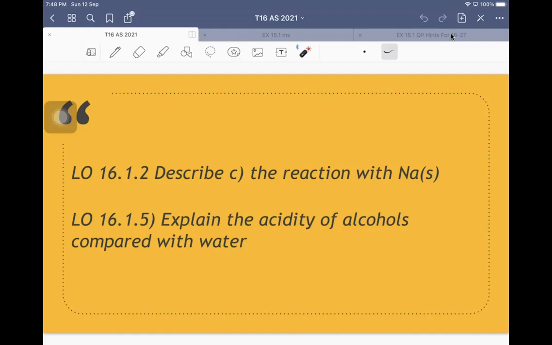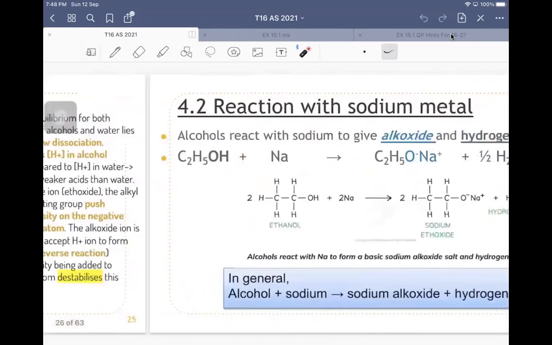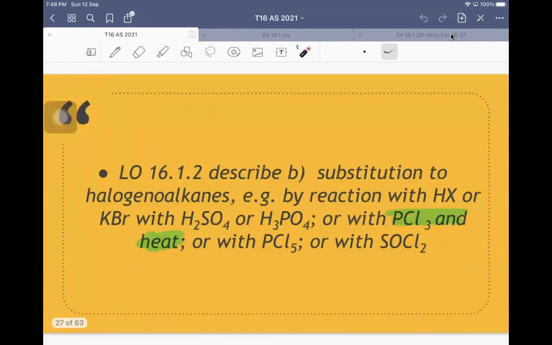We've also talked about the acidity of alcohols compared to the acidity of water. And we've also looked at the substitution reaction where halogens replace the hydroxy, the OH group in alcohol.